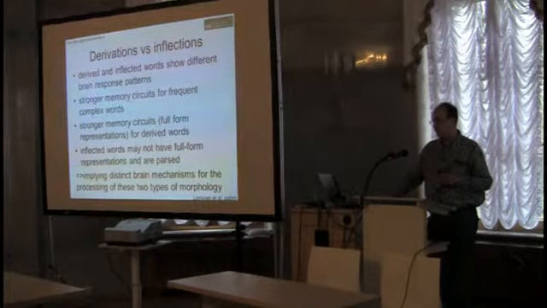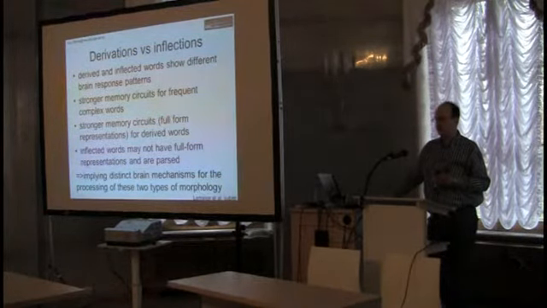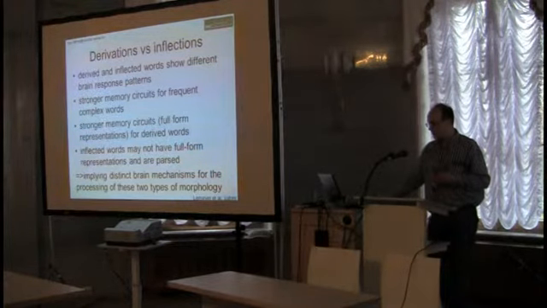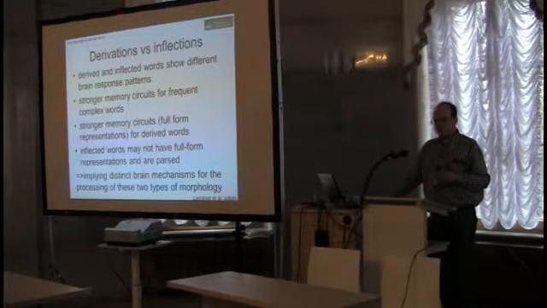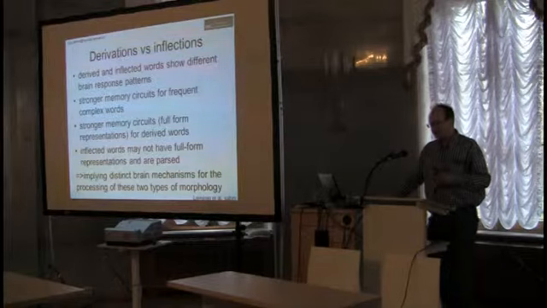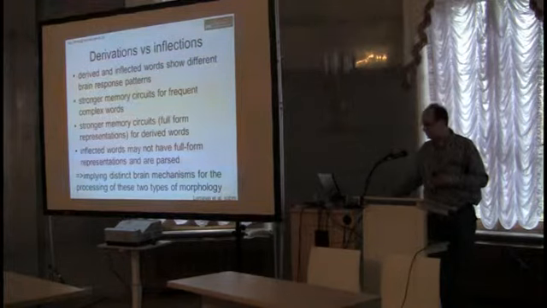We seem to find that frequent complex words show stronger memory circuits, for both derived and inflected, but that's especially true for derived. So stronger memory representations, that is full form representations for derived words, which may not be the case for inflected ones. And thus inflected words are more likely to be parsed.